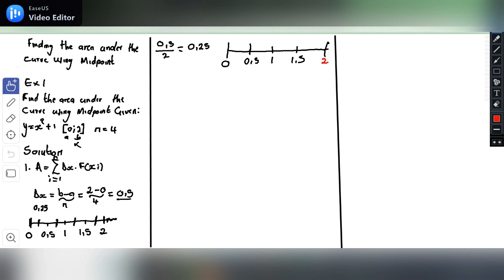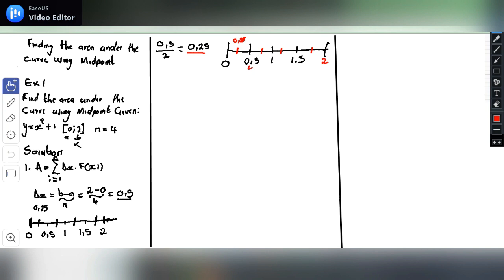So now, like I said, we have to find the values of here and here and here and here, because these are the midpoint values. So like I said, the first thing that you have to do, you take your width and then you divide it by 2. After getting 0.25, it means here it's going to be 0.25, right? Therefore, if you say 0.25 plus 0.25, you're going to get 0.5, which is this value here, right?